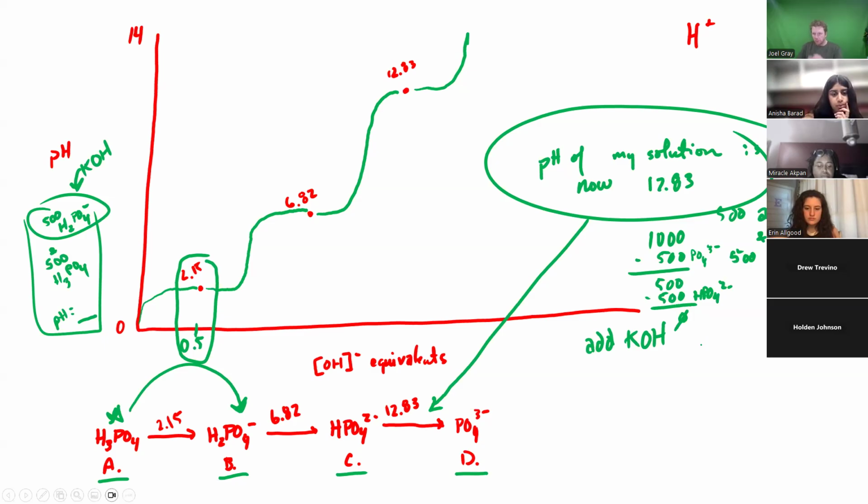So effectively, the answer is 0. When our pH is 12.83, basically none of it looks like this, and none of it looks like this, because it's evenly distributed between HPO4 2 minus and PO4 3 minus.